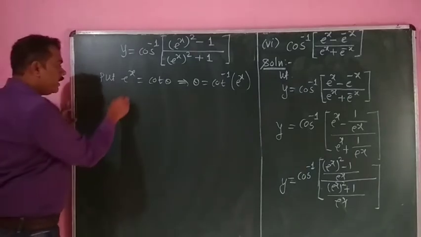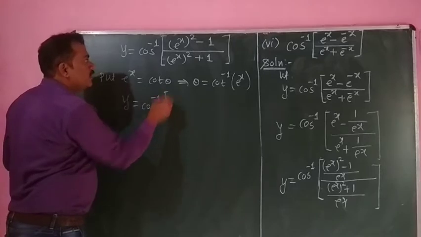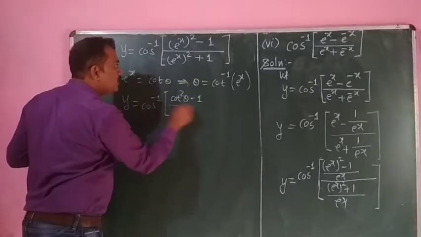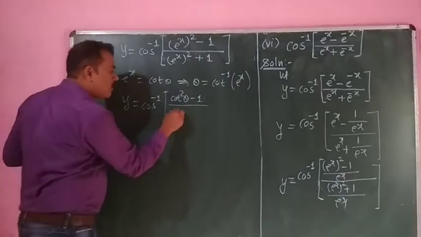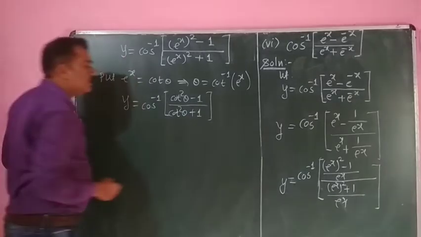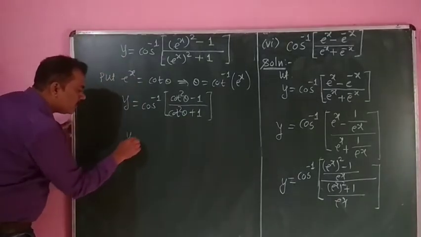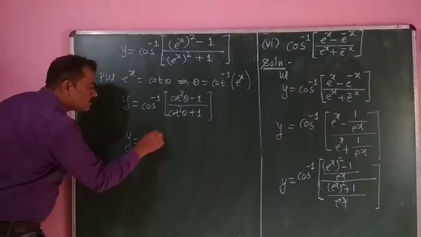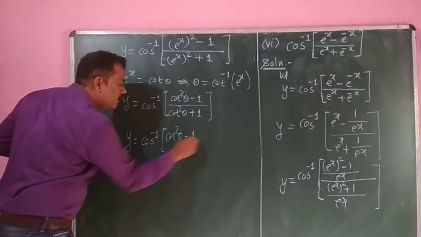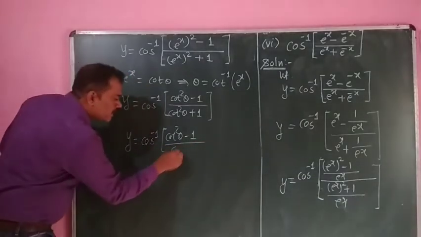So we get y equals cos inverse of (cot square theta minus 1) divided by (cot square theta plus 1). 1 plus cot square theta is nothing but cosec square theta, so y equals cos inverse of (cot square theta minus 1) divided by cosec square theta.